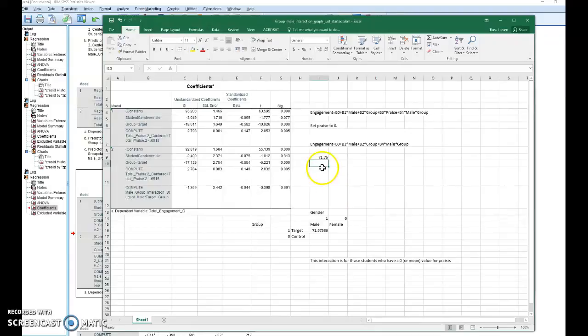So look at that. I did some rounding errors, but within rounding error, that is the correct value. Now I can just drag this down to get the other predicted value.